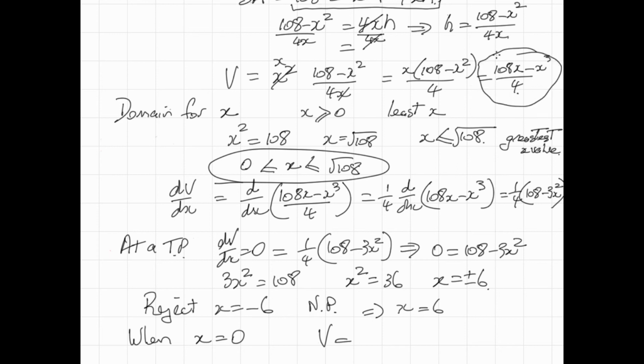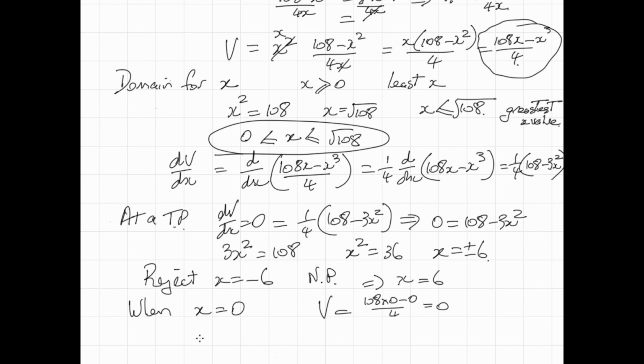So the volume is equal to 108 times 0 minus 0 all over 4, so it's equal to 0, which does not surprise us.